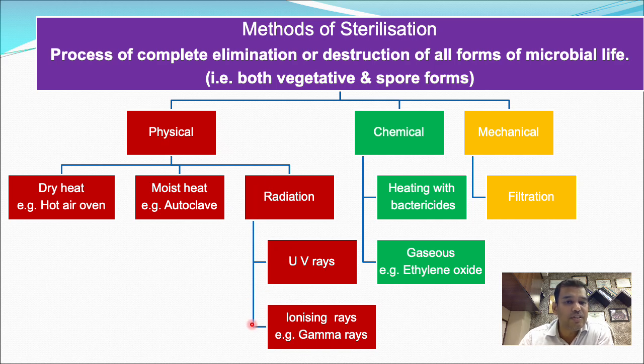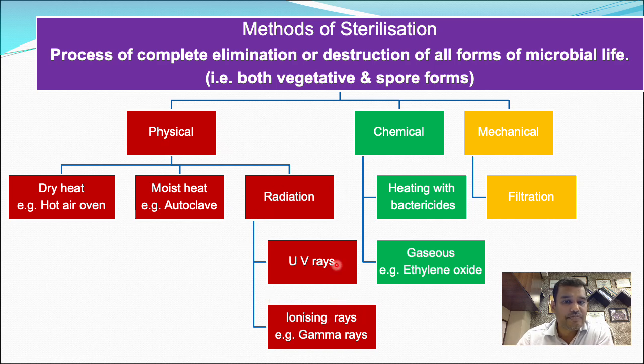These are a bit expensive, so not used in a hospital setup, but are used for commercial purposes. In case you want to sterilize tubings, some sutures, plastic tubings, or some disposable instruments, you use this commercially, because it becomes a cheaper and easier way of sterilization, as this sterilizes the instrument at low temperature.